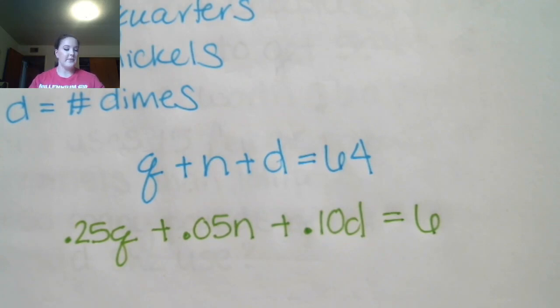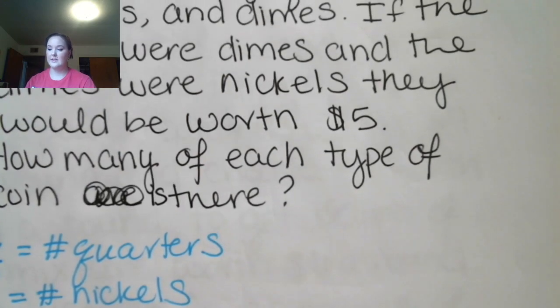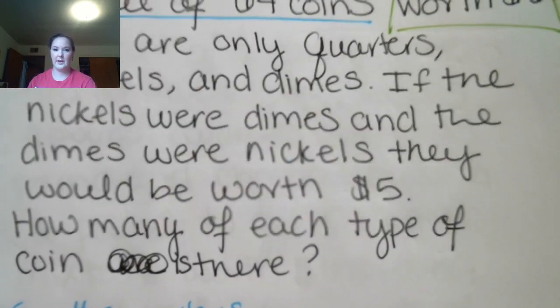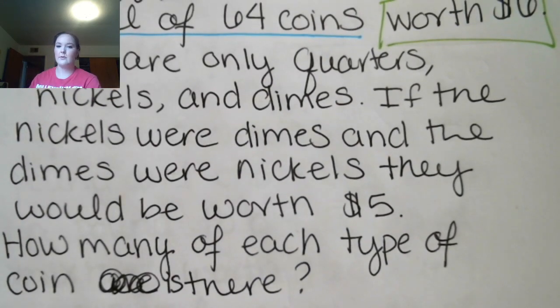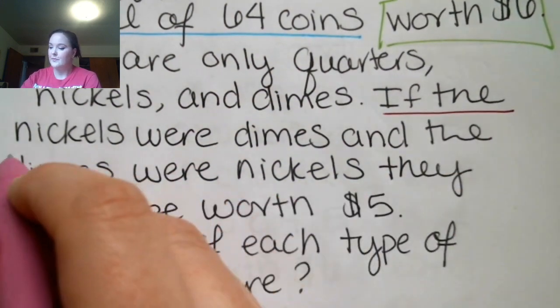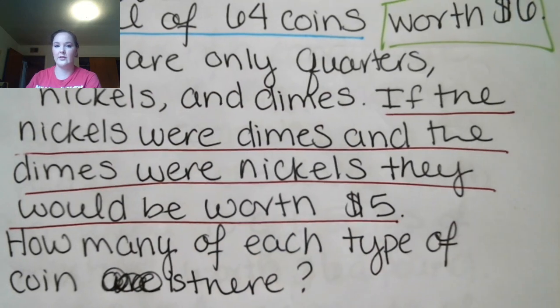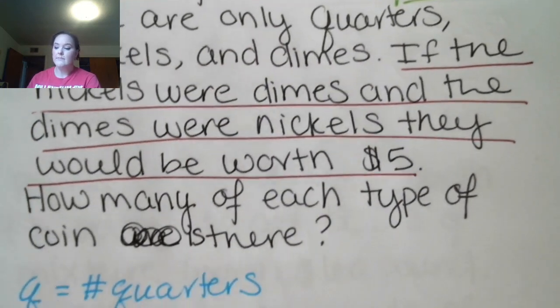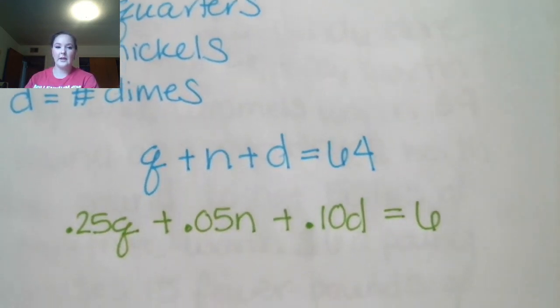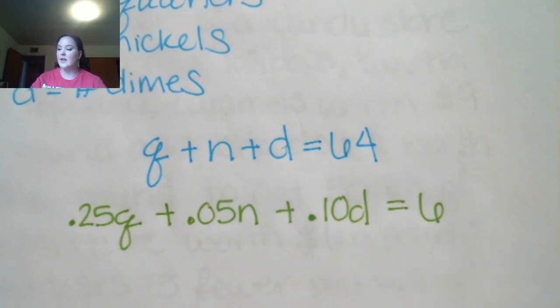All right. Now the thing that's most confusing about this problem is this sentence here: if the nickels were dimes and the dimes were nickels, they would be worth $5. So what they're trying to explain is if instead of N nickels and D dimes, you had D nickels and N dimes, it would only be worth $5.